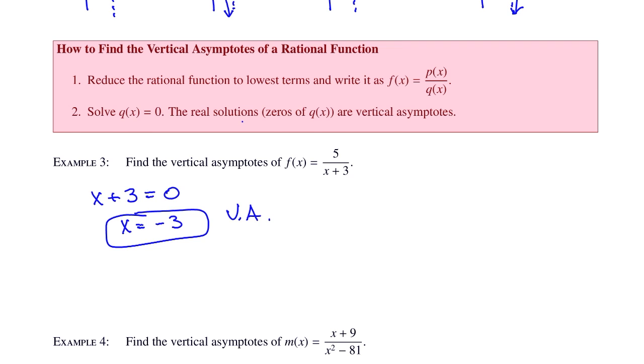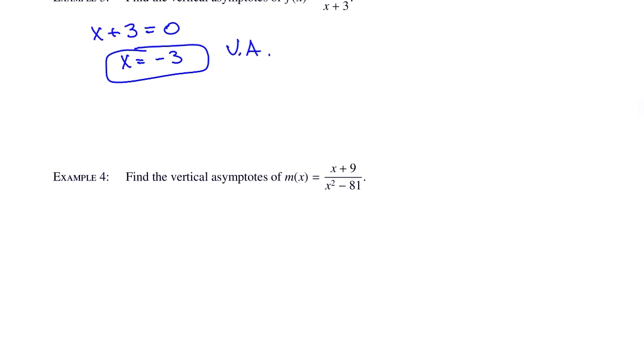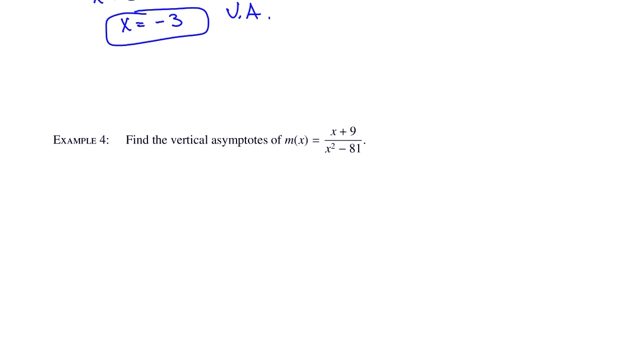Example 4. Find the vertical asymptotes of m of x is equal to x plus 9 over x squared minus 81. This one needs to be reduced. So I'm going to rewrite it as x plus 9, and then the bottom factors as x plus 9 times x minus 9.